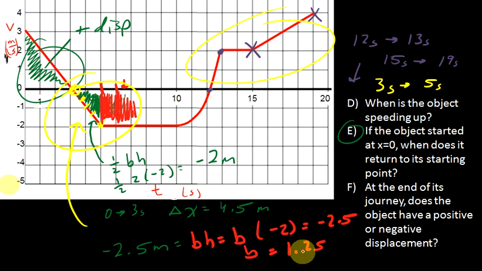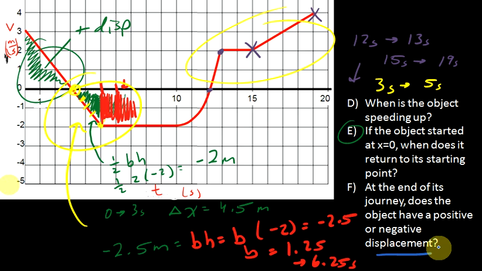If you do the math, that adds up to 6.25 seconds. Okay, tough one to do mathematically. Bare minimum, hopefully you recognize that it would happen right around here where you have canceling displacements.